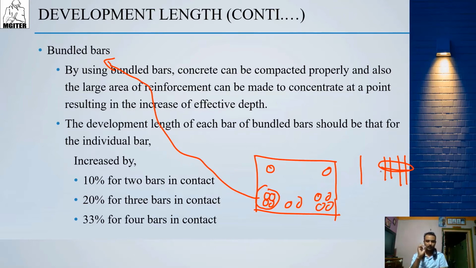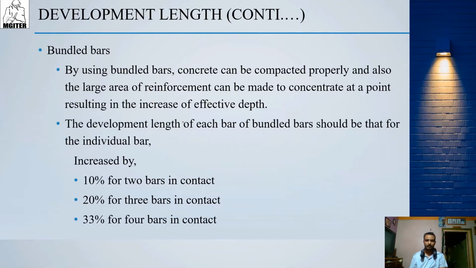If we tie up two, three or four reinforcement bars at one point, we call this a bundle bar. Bundle bar is used for increased development length. So how do we increase development length? This is 10% for 2 bars in contact, 20% for 3 bars in contact, 33% for 4 bars in contact.